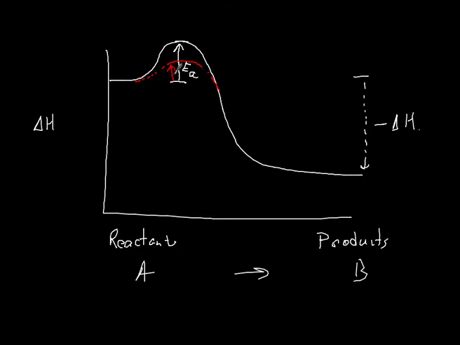And so if you're drawing an enthalpy level diagram with and without a catalyst, well, the catalyst hump is going to be lower than the uncatalyzed reaction will be. And so that's a graph you need to be able to recognize and be able to duplicate in regards to the action of a catalyst.